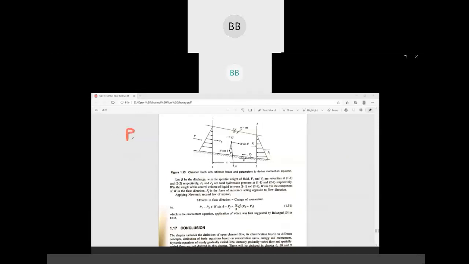That is P1 minus P2 plus W sin theta, minus friction, as it is in the opposite direction, which is why we have used negative, equal to density multiplied by discharge multiplied by v2 minus v1.